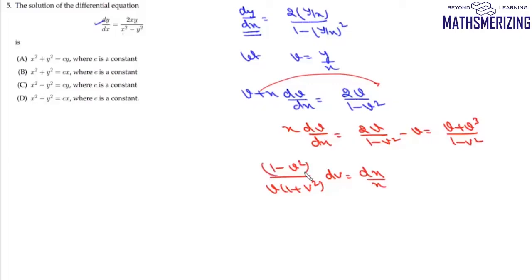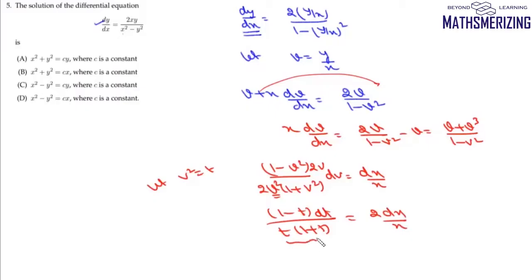Now we'll multiply and divide everything with 2v. Now we'll take v square as t, then we can write this as 1 minus t dt upon t into 1 plus t, and it will be 2 dx upon x.